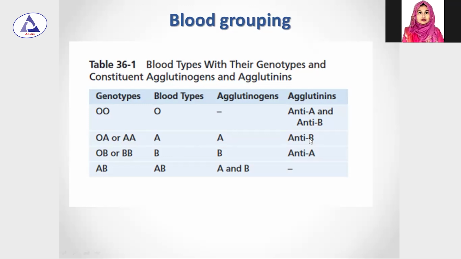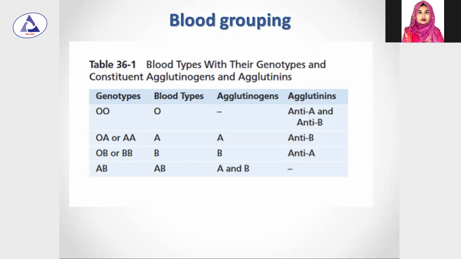What have we said in Landsteiner's law? Whichever antigen or agglutinogen is present, the corresponding agglutinin will be absent from plasma. If the agglutinogen is antigen A, the corresponding agglutinin will be anti-A, but that will be absent from plasma. Anti-A is not present here. What is present here? Anti-B. Come to the second part of Landsteiner's law.